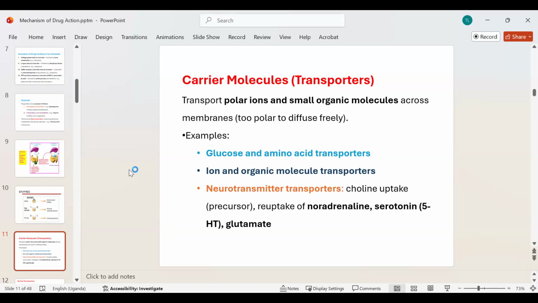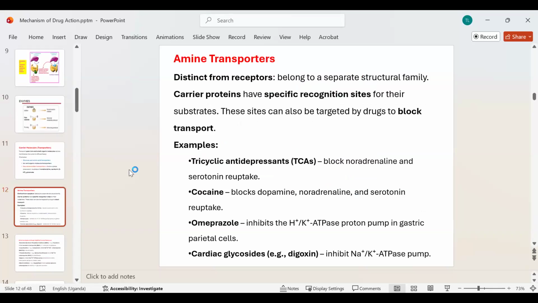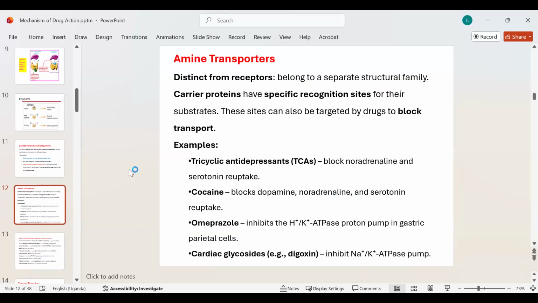Take an example of glucose and amino acid transporters, iron and organic molecule transporters. We have neurotransmitter transporters and others. So these can also be targets.